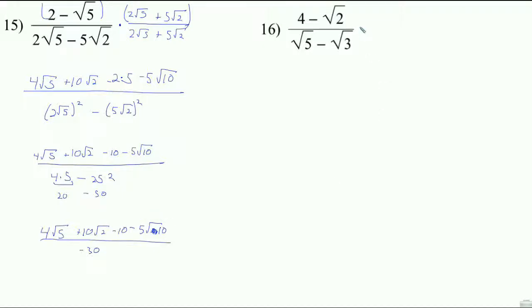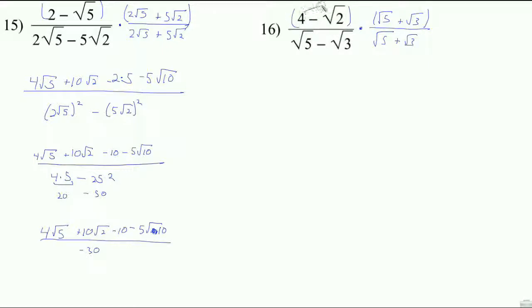And our last one for the review, we will once again realize we can't have square roots in the denominator. Also, I'll mention we can't simplify root 2 or root 5 or root 3. Nothing simplifies there. So we're going to multiply by the conjugate over the conjugate. So again, it's a negative, so we put a positive. And really, we're just multiplying by a form of 1. Multiplying up top here.